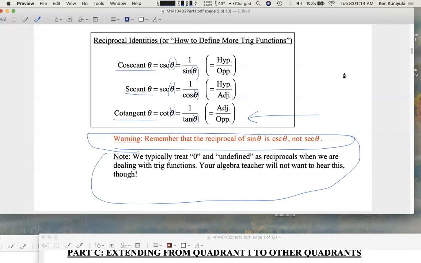So don't tell your algebra teacher that the reciprocal of undefined is 0. That's not a proper thing to say. But for all practical purposes, if tangent of theta is undefined, then yes, cotangent of theta will be 0. So we can treat 0 and undefined as reciprocals informally in basic trig. All right.